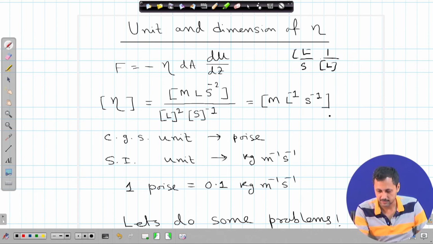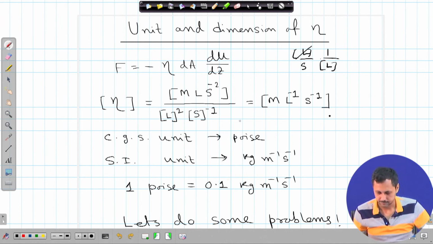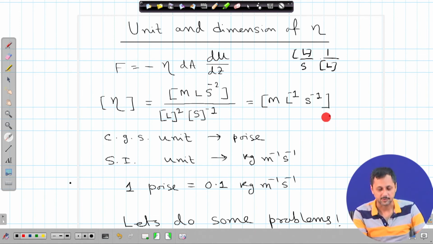So, length will cancel out, and it will leave you 1 by second. So, we have 1 by second in the denominator, and finally, the dimension is M L^-1 s^-1.